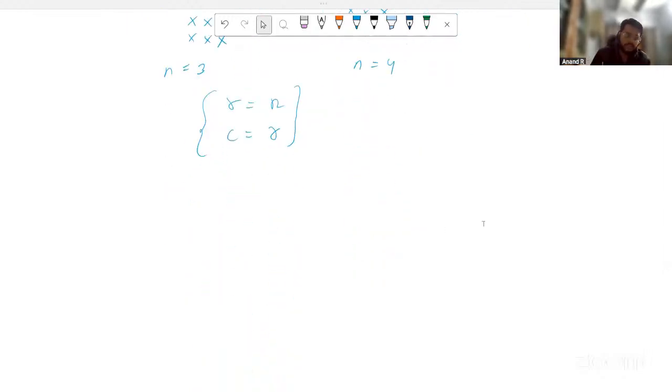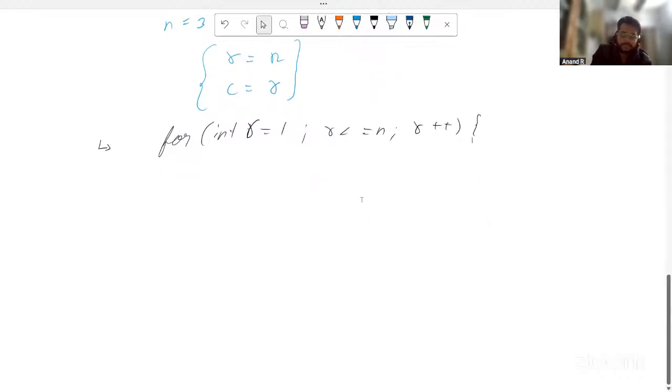Cool. So let's say, do you agree that the outer loop will be for the number of rows? And I can simply write for int r equal to 1, r less than or equal to n and r plus plus. Is this part clear to you? Yes. And what I can do, I can write sysout or print slash n, right?